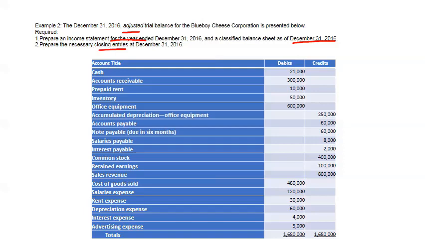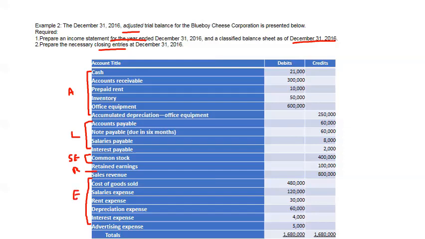Now the trial balance is normally set up already in our asset, liability, stockholders' equity. So here are our asset accounts, and then here are our liability accounts, and then we have two stockholders' equities, and then we have one revenue account, and then we have several expense accounts.